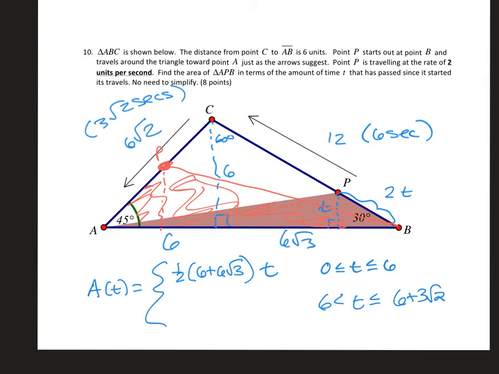All right, so one nice thing is we still have 1/2, and the base is still the same. It's the height that's going to be a little different here. So I'm looking for this height here, and before I can find that, just like before, I want to find what this distance is.